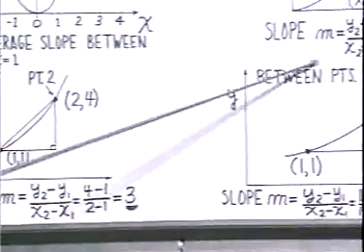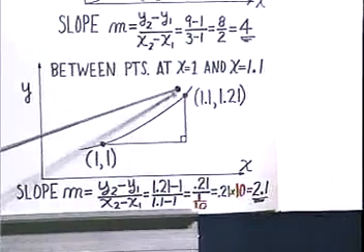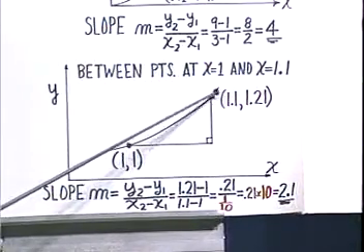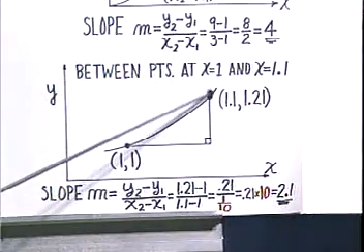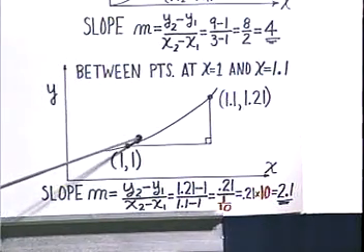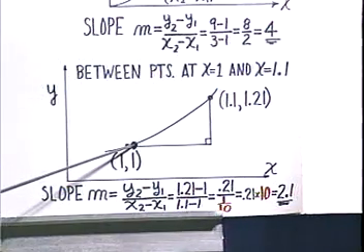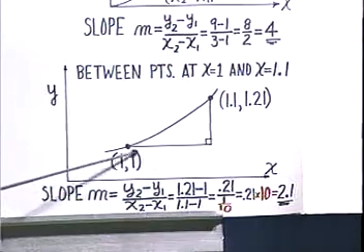Now let's take a look at this portion here. I'm going to leave out the straight line here. Now we're going to bring these 2 points much, much closer together, almost so that they're touching each other. And I blow this up so you can see it very clearly.